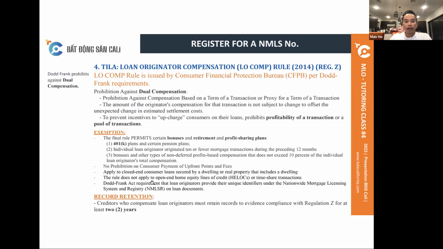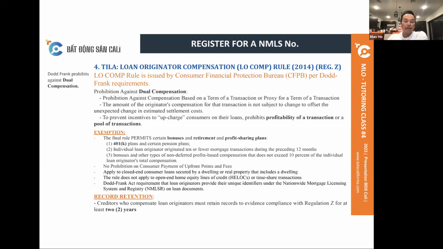The rule does not apply to open-end home equity lines of credit, HELOC, or one-time or timeshare transactions.